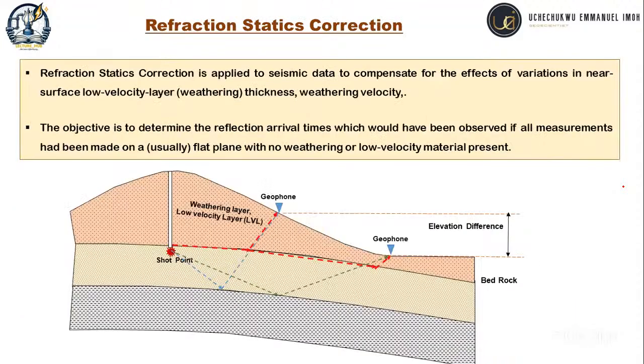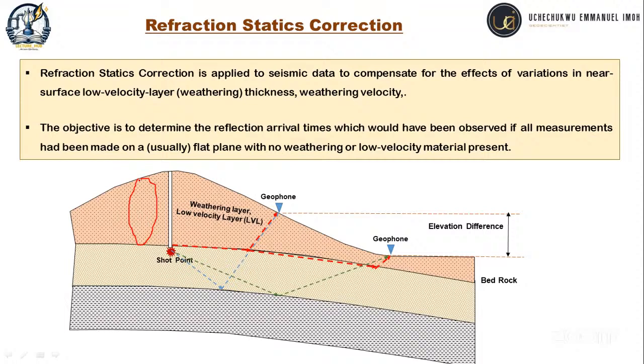Then I told you about the refraction statics correction, where you try to correct for the effect of the low velocity layer or the weathered layer. The weathered layer, which is this reddish section, or what we call the lateritic cover in geology, has an effect on your data because the seismic wave, when traveling through it, tends to slow down.